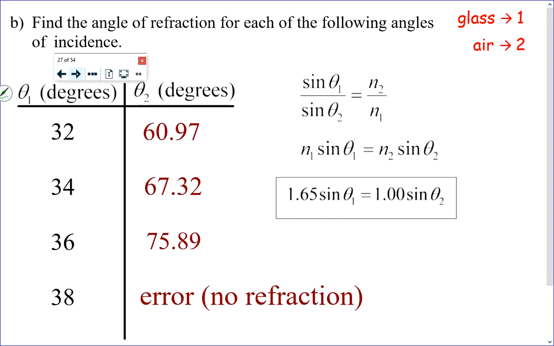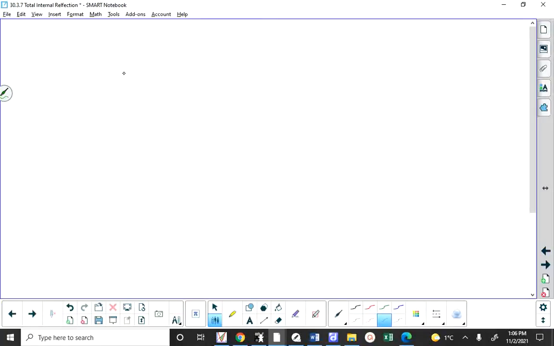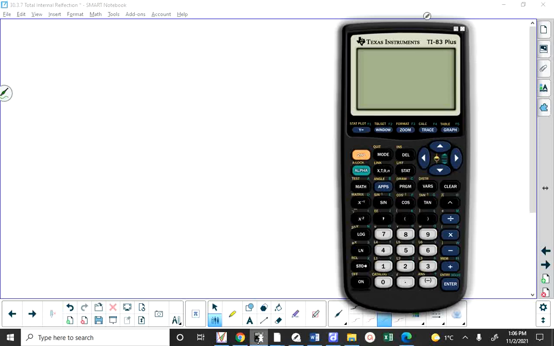But why? Why are you unable to calculate an angle? I think this is important. Well, I might as well do it on my calculator. We're going 1.65 sine of theta 1, which is 32 degrees.